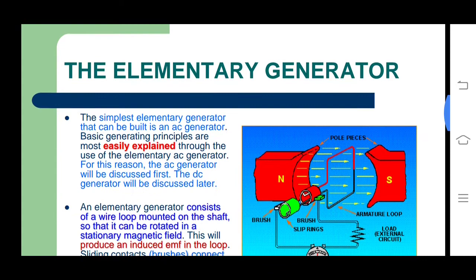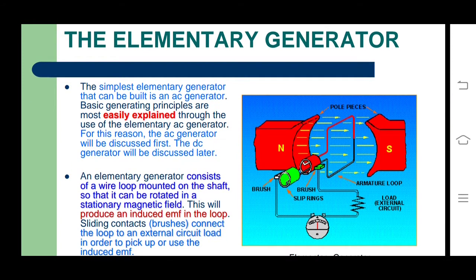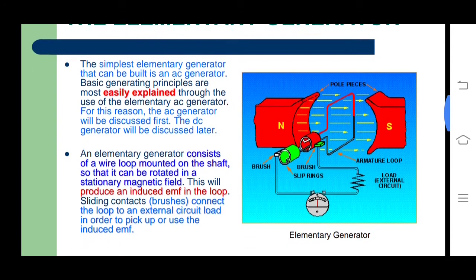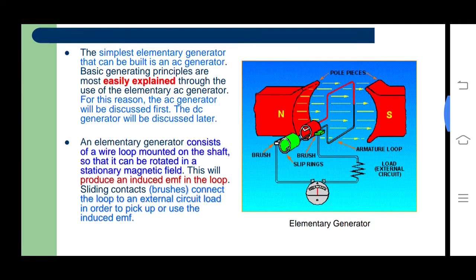The elementary generator, see the diagram. The simplest elementary generator that can be built is an AC generator. Basic generating principles are most easily explained through the use of the elementary AC generator.